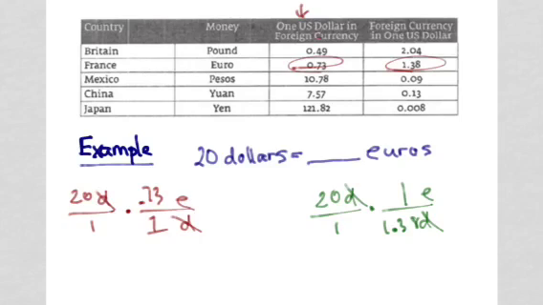If I'm doing the red one over here, I'm going to end up just multiplying 20 times 0.73, and I'm going to get 14.6. If I'm doing the green one, what's going to end up is that these ones here cancel, and I'm really going to end up doing 20 divided by 1.38, which gets me 14.5.